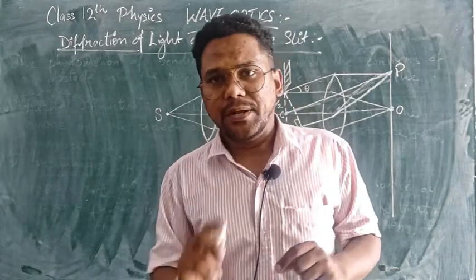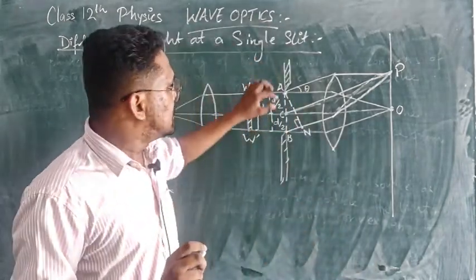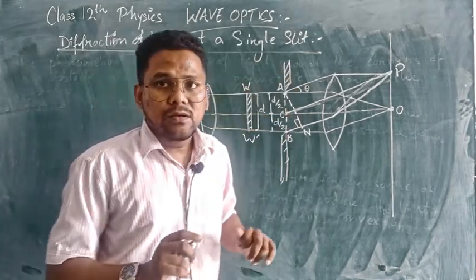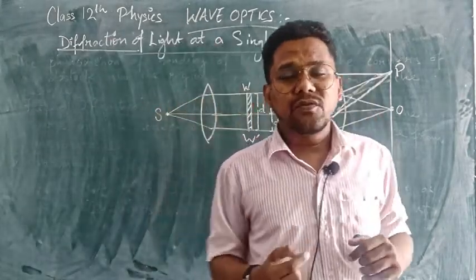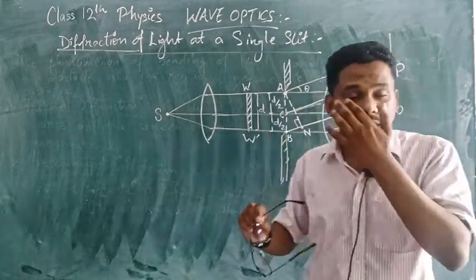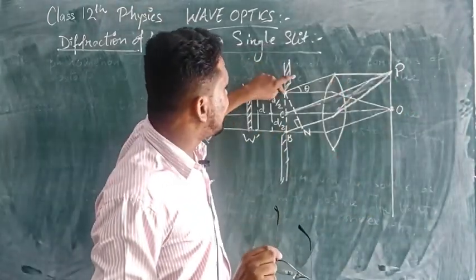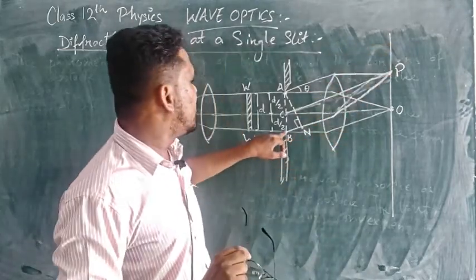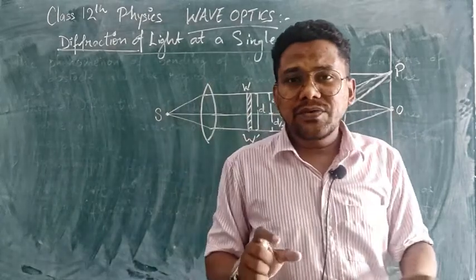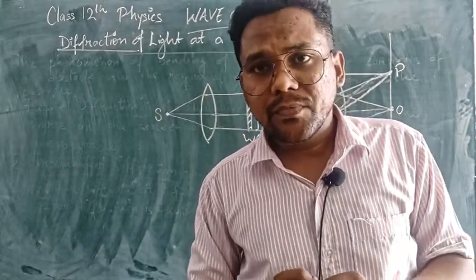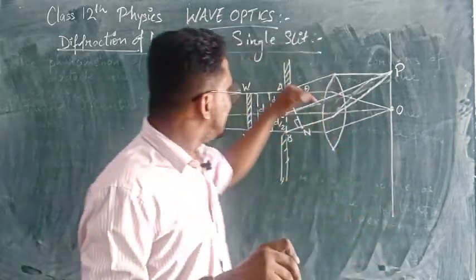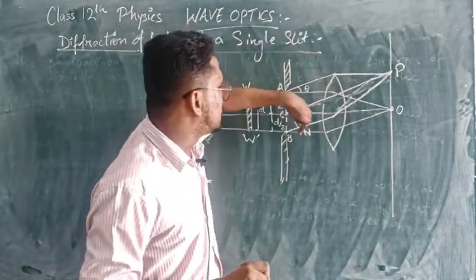If it is suppose 1 lambda, then the path difference between this AC and BC, because they are half and half, will be lambda by 2 and lambda by 2. No? So a wave going from A to P and a wave going from B to P will be having a path difference of lambda by 2. That is destructive interference.